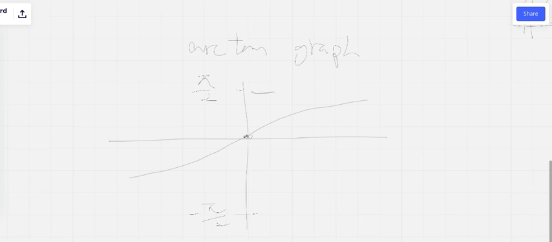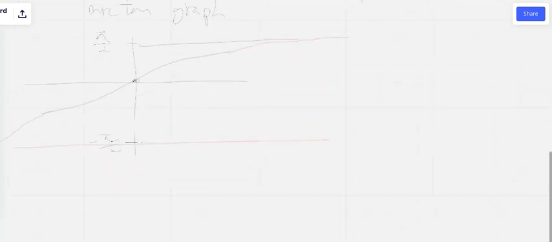However, there is a really important thing: this graph gets close to pi over 2 but never reaches pi over 2. The same thing appears here. Therefore, for our tangent graph, y is greater than negative pi over 2 and less than pi over 2.